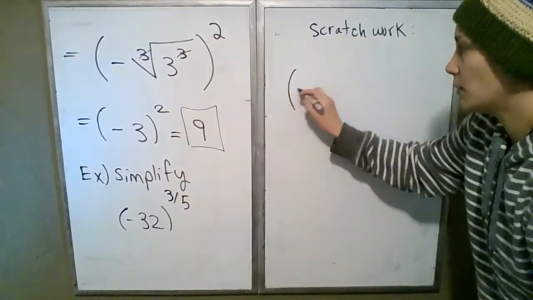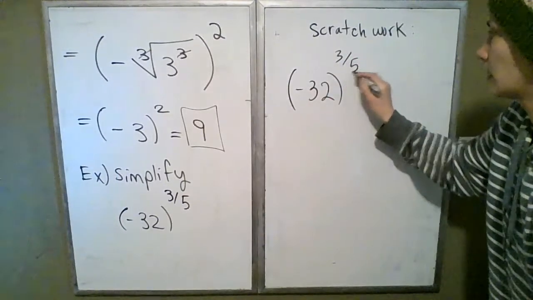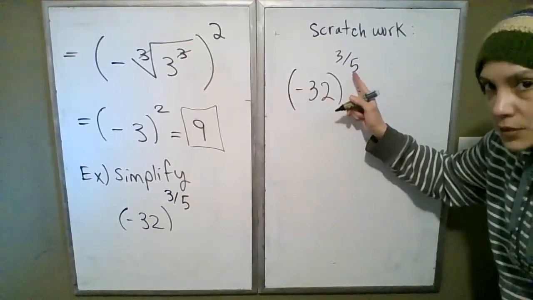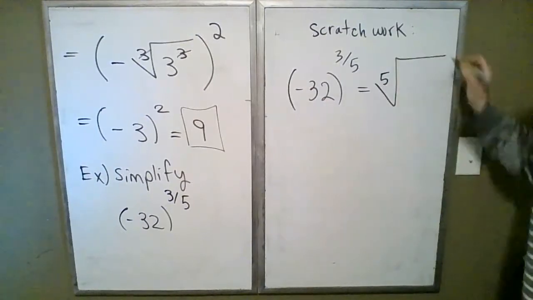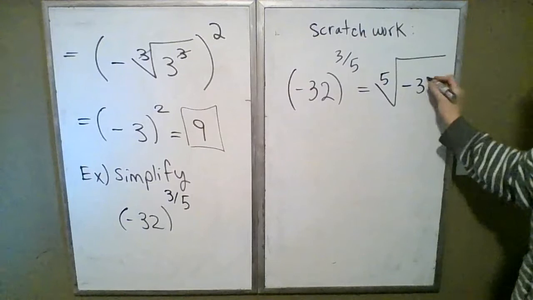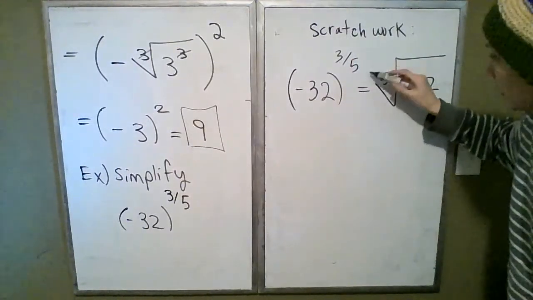Just copy down what we've got. So we're using the denominator as the root, the 5th root of negative 32. And then that exponent we're going to put on the outside.